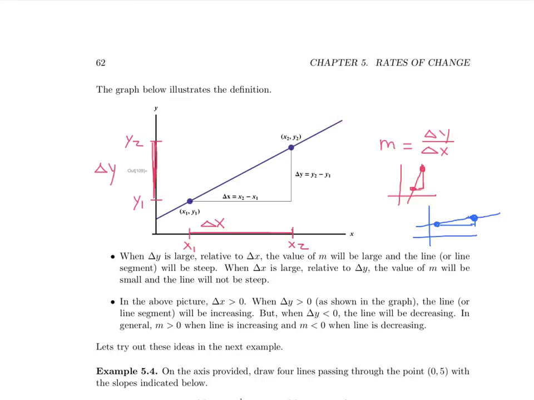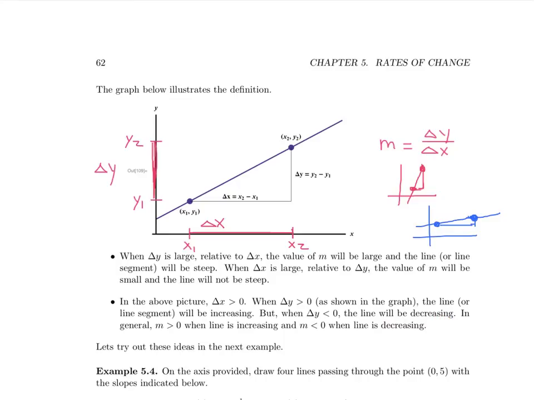However, if delta x is positive, meaning you're going to the right, x is increasing in other words, but delta y is less than 0, which means y is decreasing, that means the line itself will be decreasing. So let's draw a picture of this.